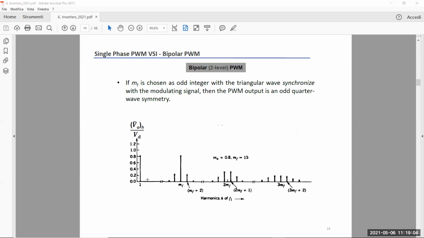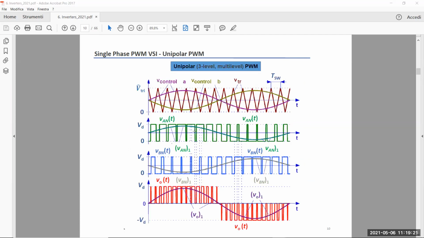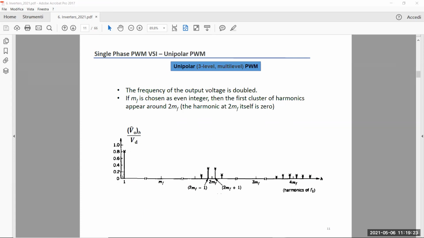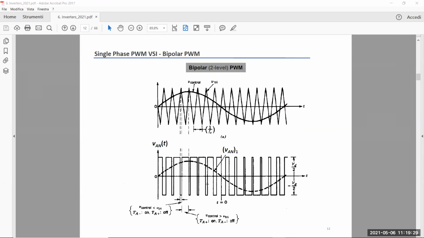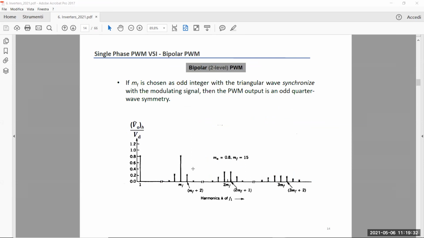If you compare this spectrum with that of the unipolar one, that we had before, for example, we have a very big difference in the presence of harmonics around MF. Previously you have no harmonics around MF, so it means that the first high order harmonics in the unipolar one are something around 2Fs, while here you have to pay attention to the harmonics around Fs.